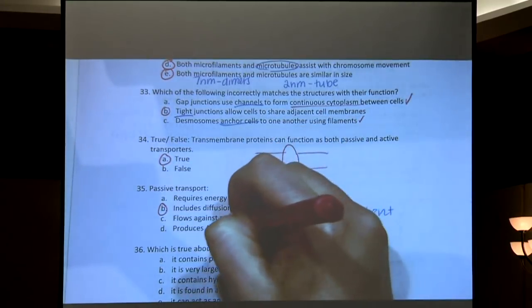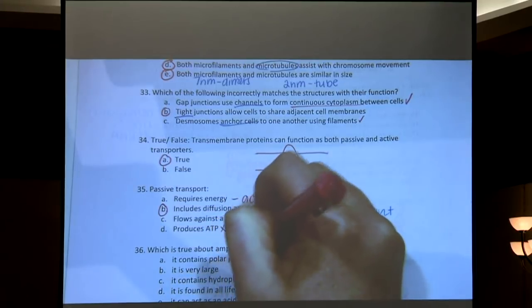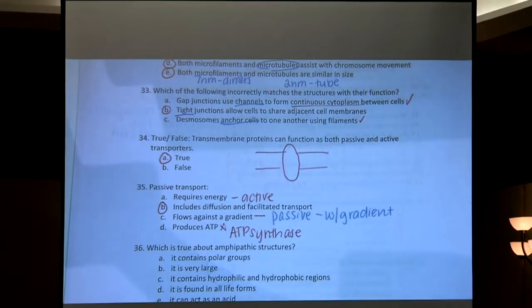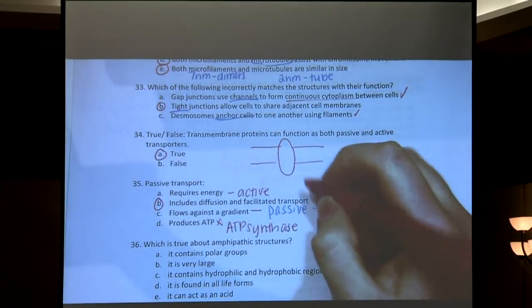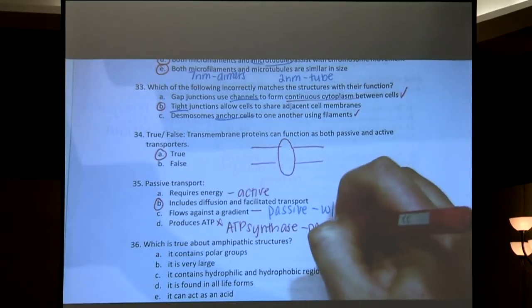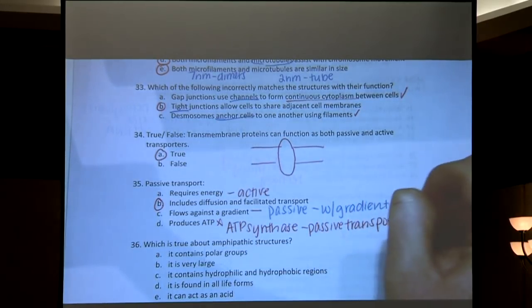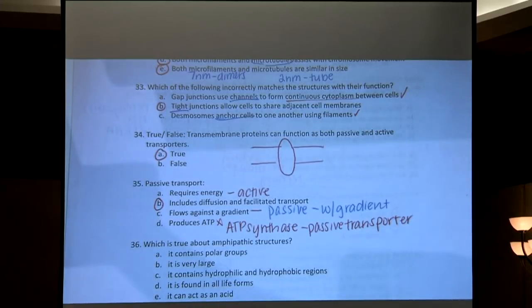That transporter is ATP synthase. In this case, this would be a passive transporter. However, not all passive transport creates ATP, just a very special one.